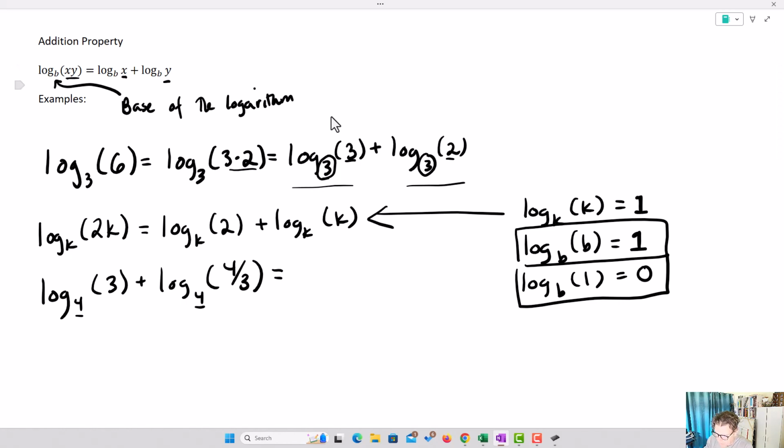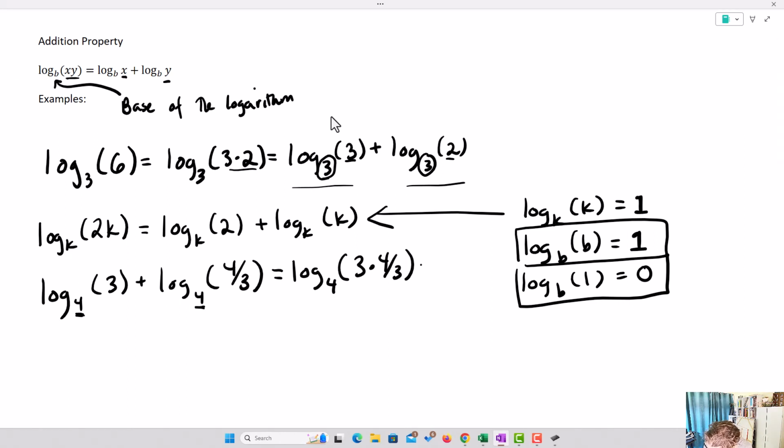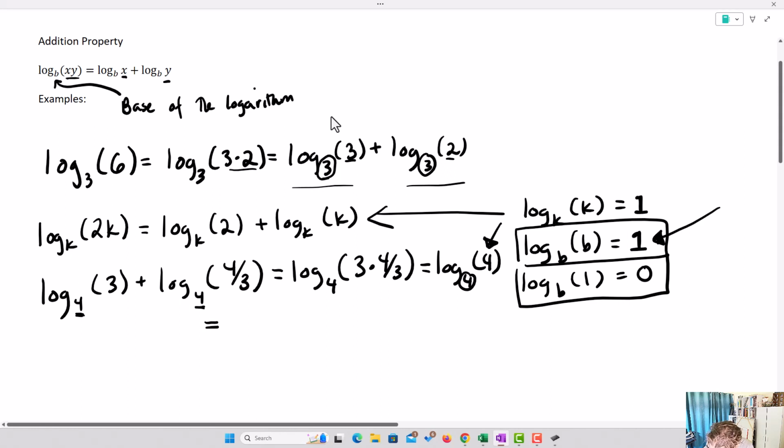Multiply 3 times 4/3. Since the bases are the same, I can make this log base 4 of 3 times 4/3, which ends up equaling log base 4 of 4. And using this property right here that we had before, notice that the base and the argument are the same. So this is actually equal to 1.